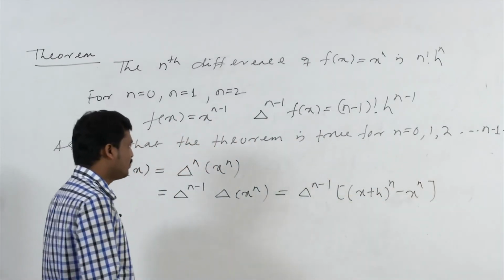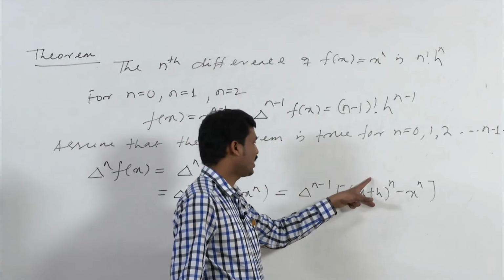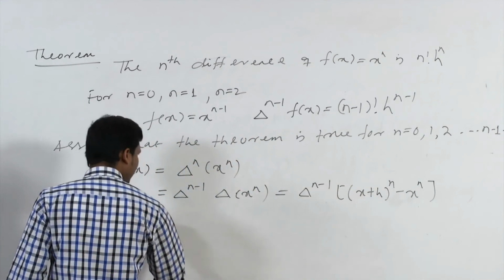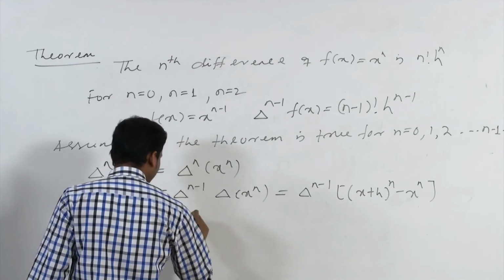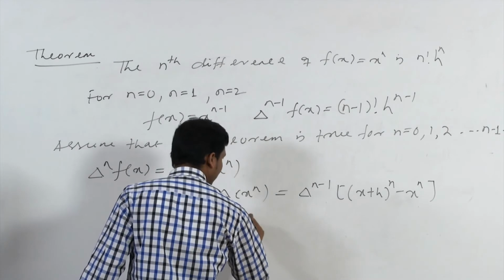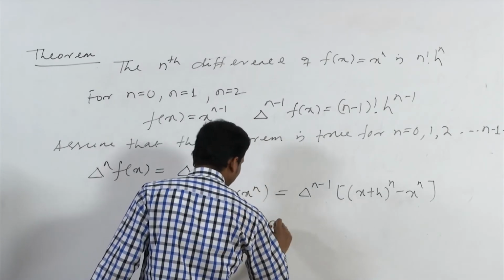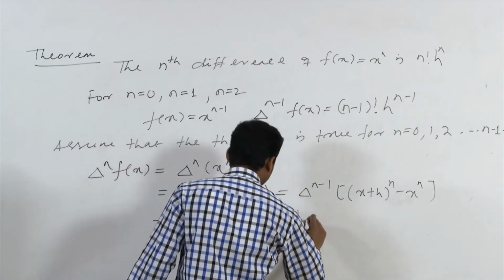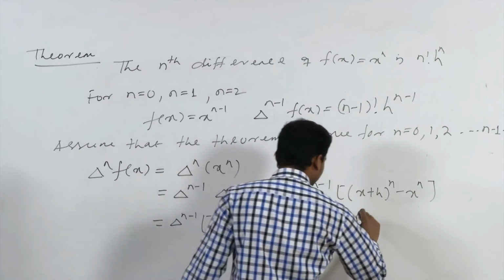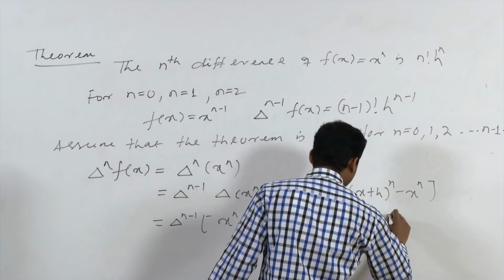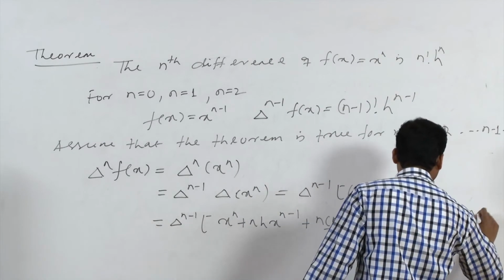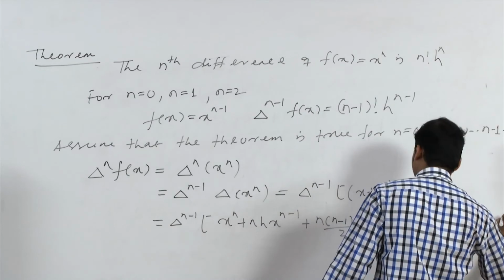And we can expand this (x plus h) whole power n in a binomial sense: Δ to the power n minus 1 of x to the power n plus n h x to the power n minus 1 plus n into n minus 1 by factorial 2 h square x to the power n minus 2, and so on, up to h to the power n, minus x to the power n.